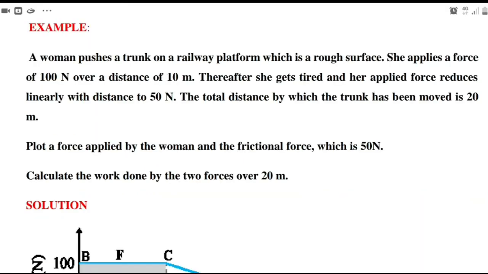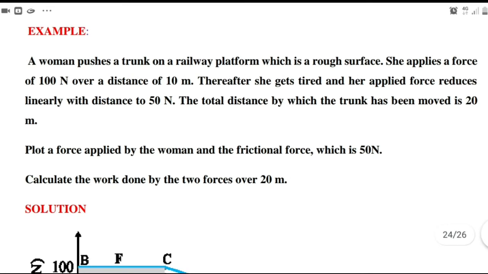Now here we have an example problem from the textbook. A woman pushes a trunk on a railway platform, which is a rough surface. She applies a force of 100 Newton over a distance of 10 meter. Thereafter, she gets tired and her applied force reduces linearly with distance to 50 Newton.